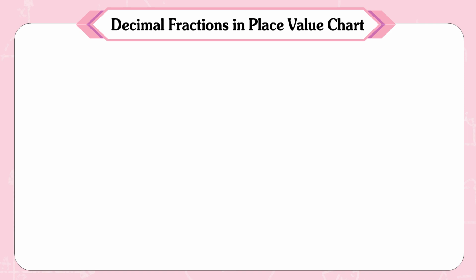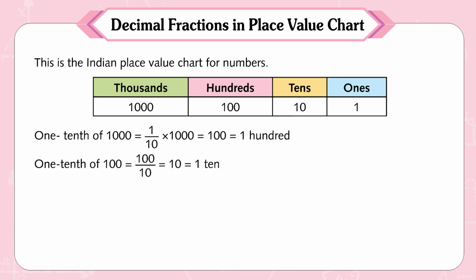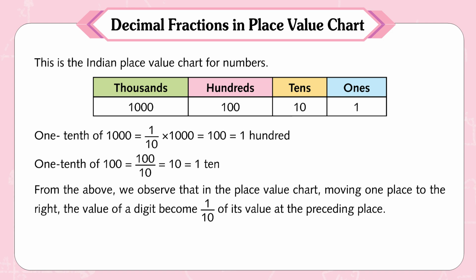Decimal fractions in the place value chart. This is the Indian place value chart of numbers: thousands, hundreds, tens, ones. 1/10 of 1000 is equal to 1 by 10 into 1000, which is equal to 100. 1/10 of 100 is equal to 100 by 10, which is equal to 10. From the above, we observe that in the place value chart, moving one place to the right, the value of a digit becomes 1 by 10 of its value at the preceding place.